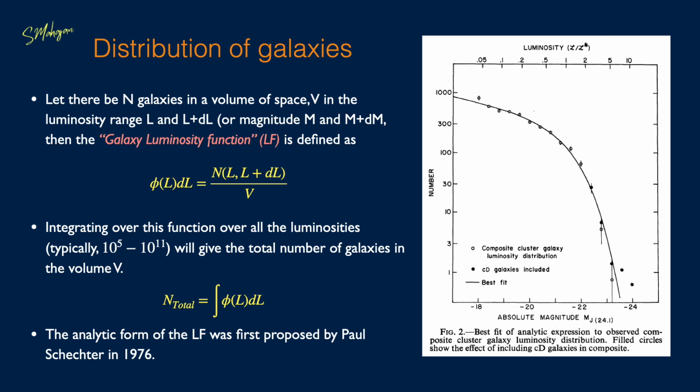Then, the galaxy luminosity function is given by this expression. Integrating this function over all the luminosities will give the total number of galaxies in the volume V. This analytic form of the luminosity function was first proposed by Paul Schechter in 1976 and is therefore known as the Schechter function.